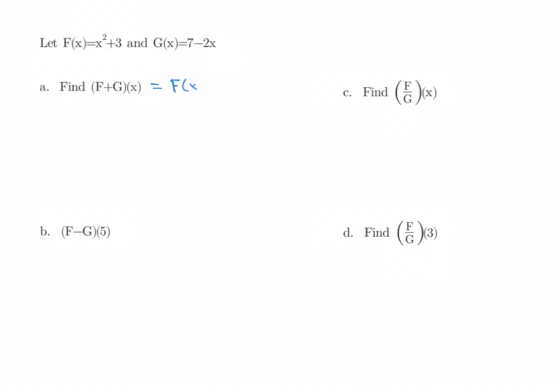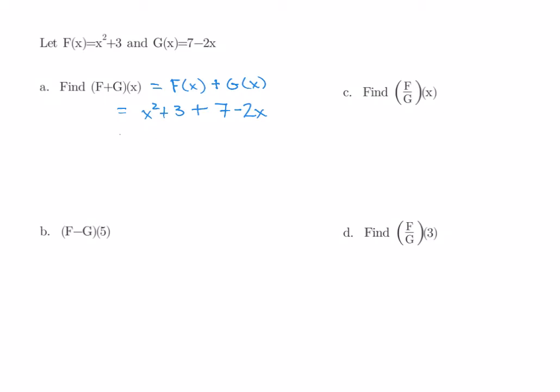So we want to do f of x plus g of x. And if we do that, we're going to replace f of x with x squared plus 3. We're going to replace g of x with 7 minus 2x. You do not need to put the parentheses on this since it is an addition problem.